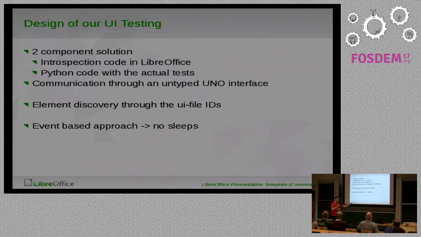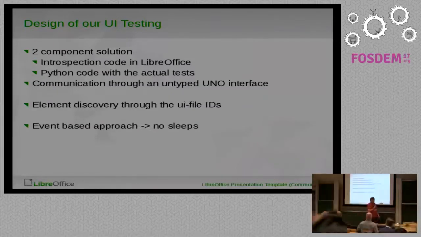And then we connect to that introspection code with Python code through a really, really simple UNO interface, so that writing the Python code does not require any new UNO knowledge. If anyone has ever done some UNO coding, you know that not requiring UNO is actually a feature, not a bug.